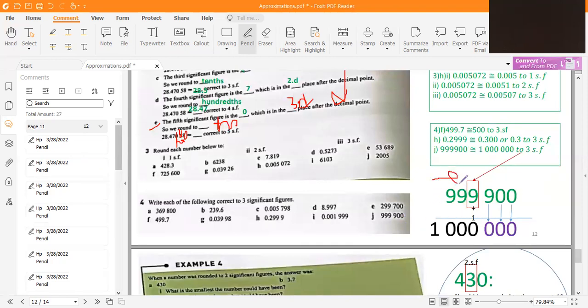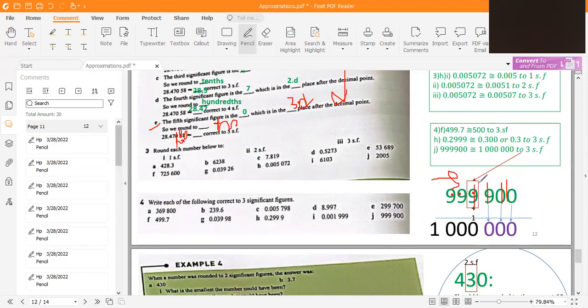First, we read the significant figures from left to right: first, second, and third significant figure. So we want to round it to the nearest thousand. Why? Unit, tens, hundreds, thousands. Okay, to the nearest thousand.